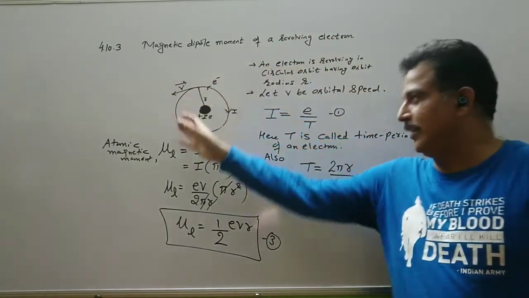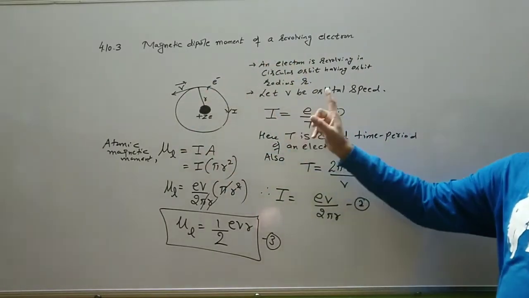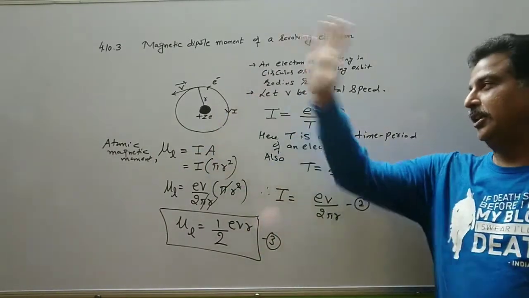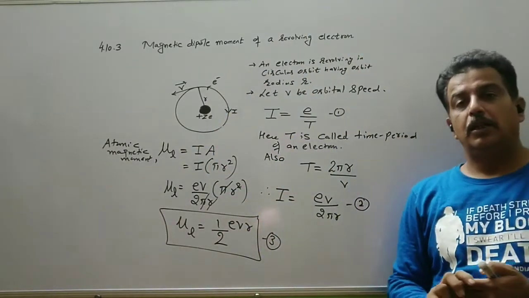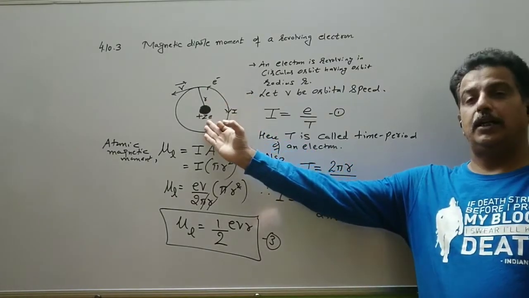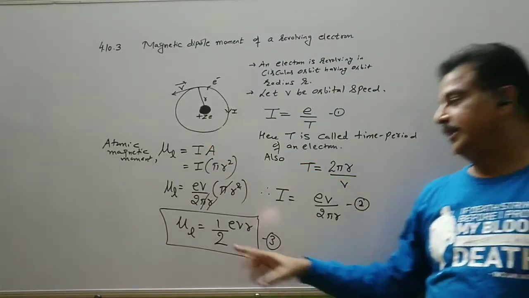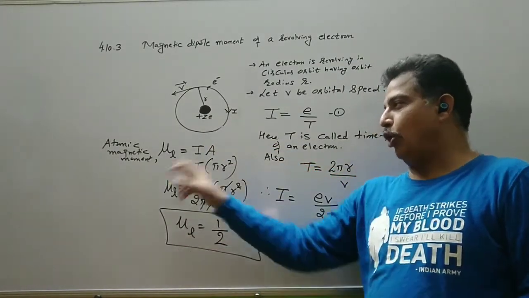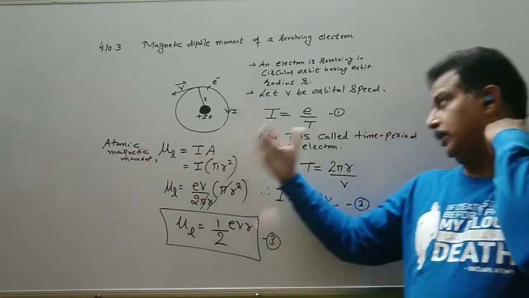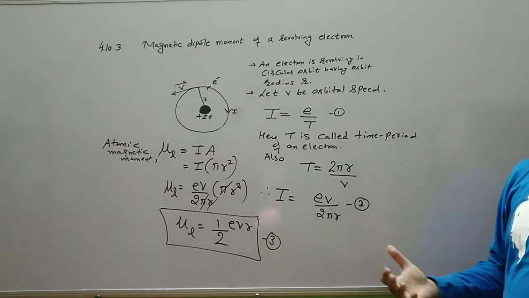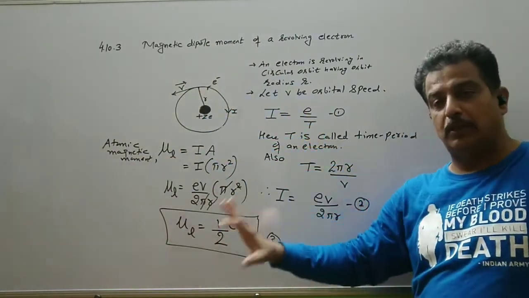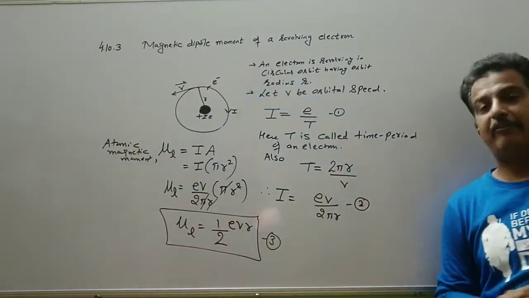So if an electron is revolving in a circular orbit around the positively charged heavy nucleus, whatever is the nucleus, you put the atomic number Z, then its magnetic moment, which we call atomic magnetic moment. So whenever we talk about an atom, we call the magnetic dipole moment an atomic magnetic moment, denoted by mu L. So mu L is equal to half evr.